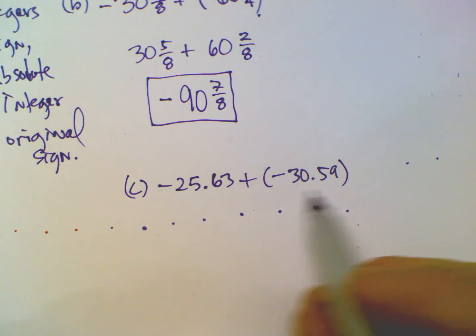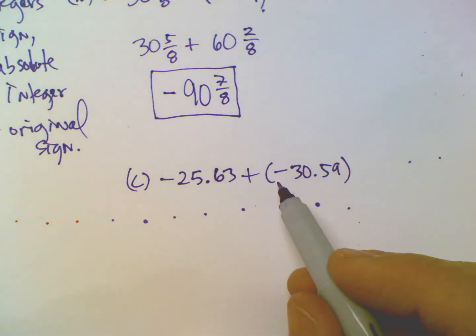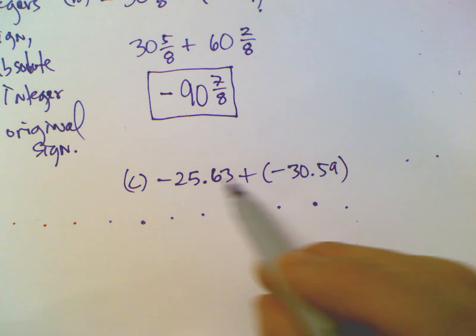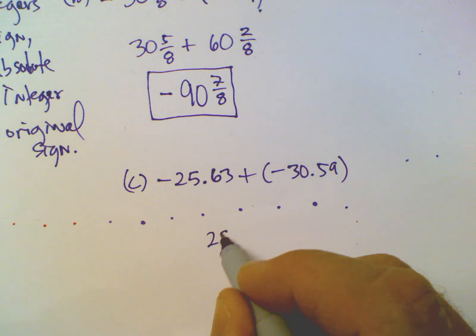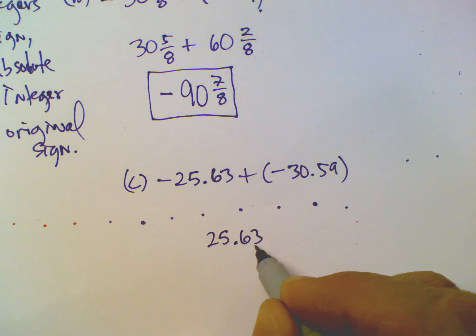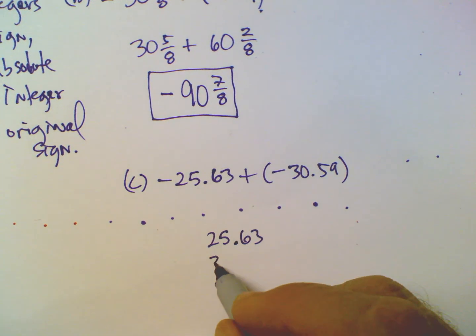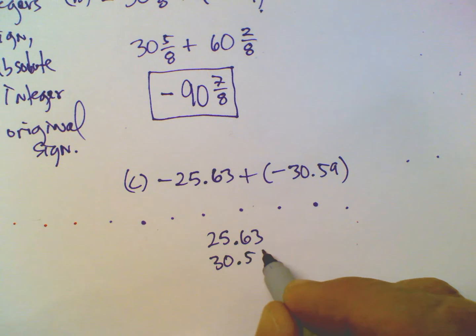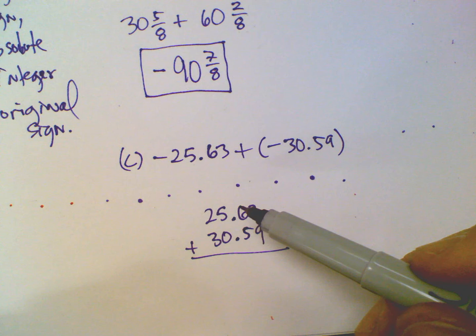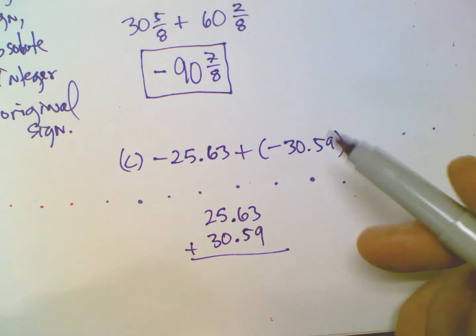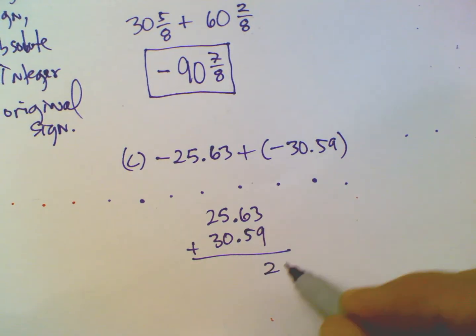Again, I have integers with the same sign, both negatives, so I'm going to just add the two numbers. When I add numbers with decimals, the best thing to do is line up the decimal place and use the algorithm for adding numbers. So I'll line these up and add them.